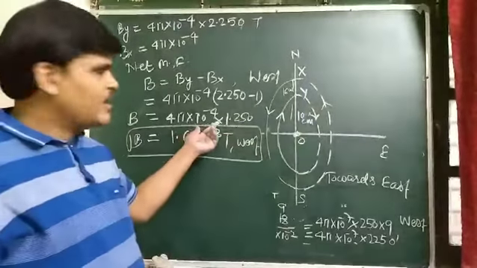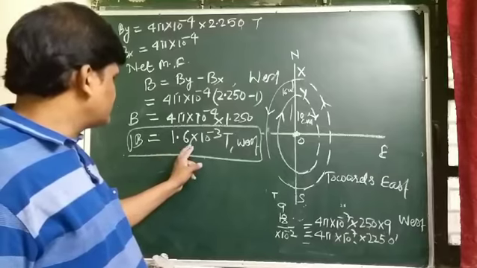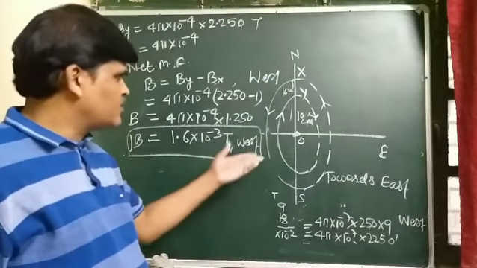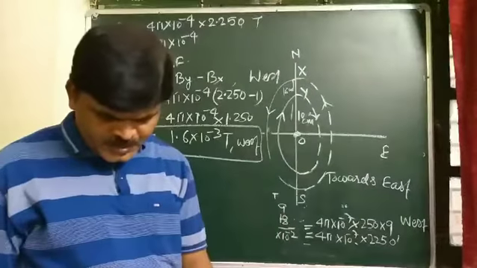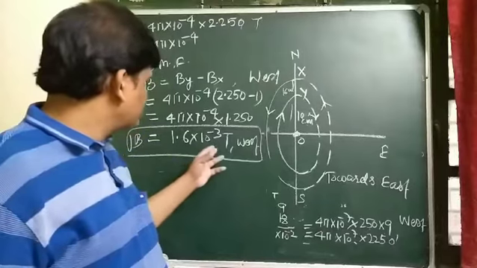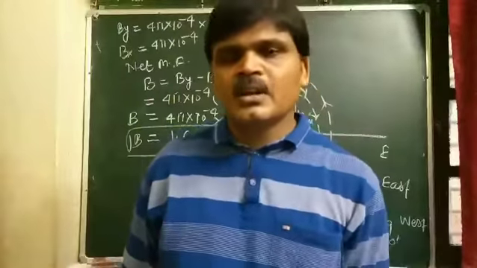You can solve it, and this is the solution of this question: the answer is 1.6 into 10 to the power minus 3 T, and the direction is west. Thank you, student.